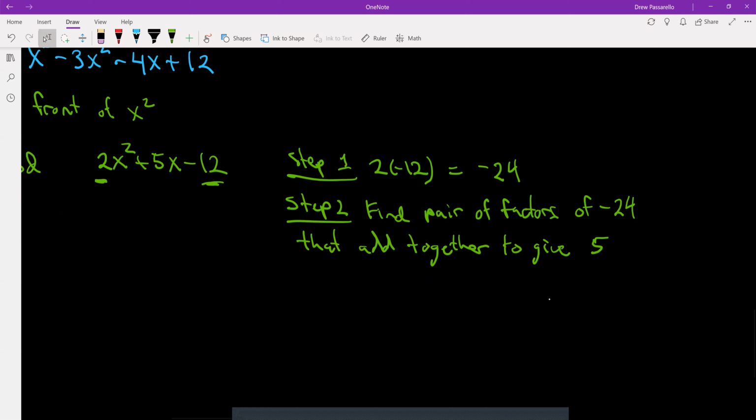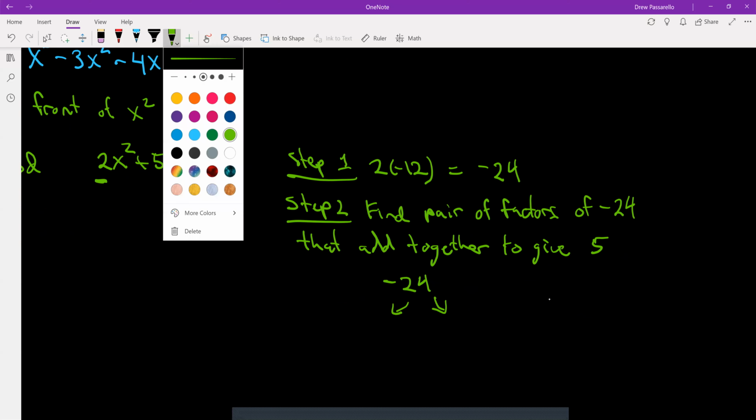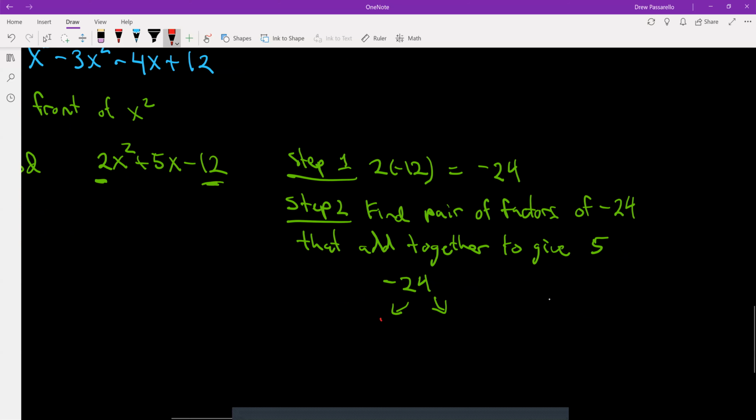Well, negative 24, I know 8 times 3 is 24, so I can write this as 8 and negative 3, since 8 times negative 3 gives me negative 24. And 8 minus 3 is 5.